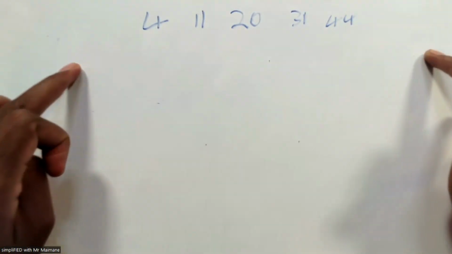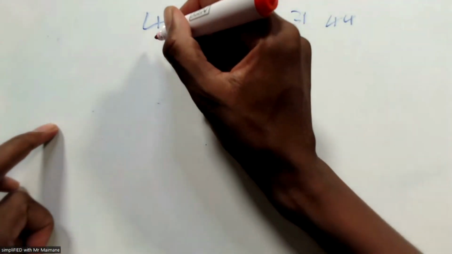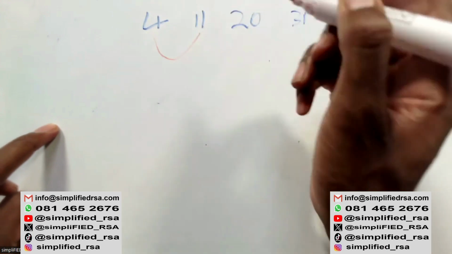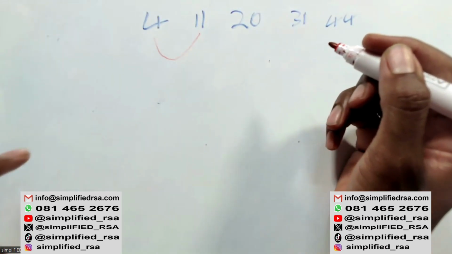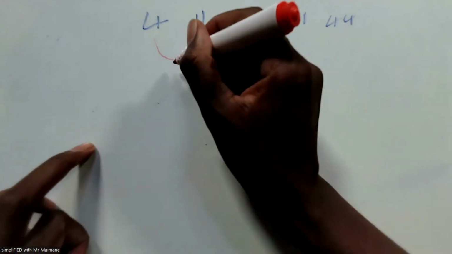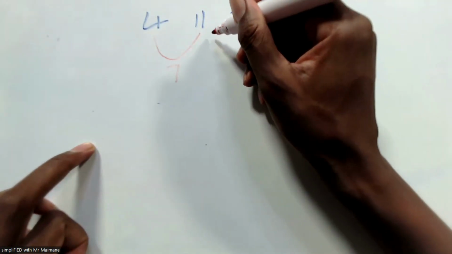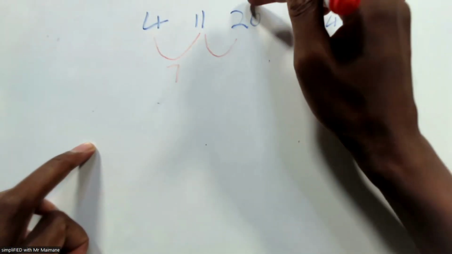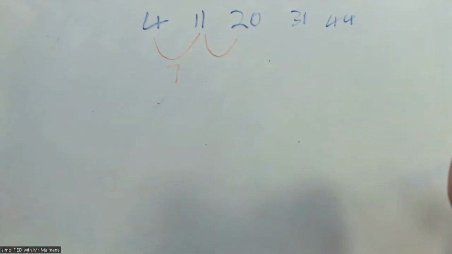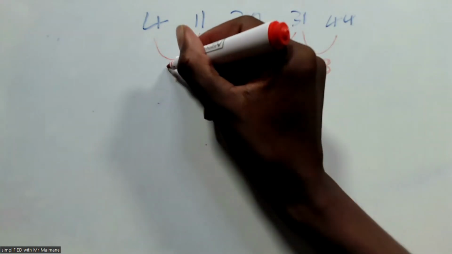So if we had this sequence and we're trying to get the difference between the terms, 11 minus 4 is going to give us 7. 20 minus 11 is going to give us 9. Let me just rewrite the sequence to show there.